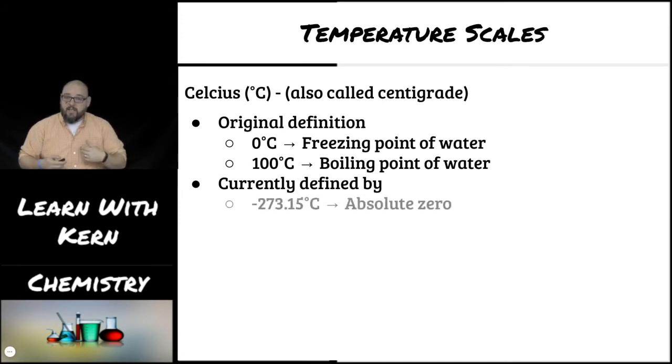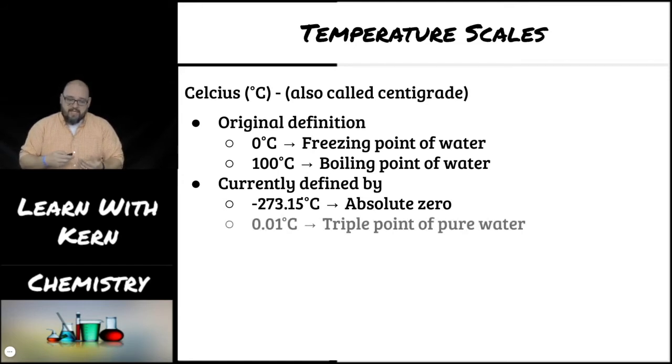It's currently based off of and defined by absolute zero. Negative 273.15 degrees Celsius is absolute zero. And that is also defined off of the triple point of pure water, and we'll talk about triple point later.